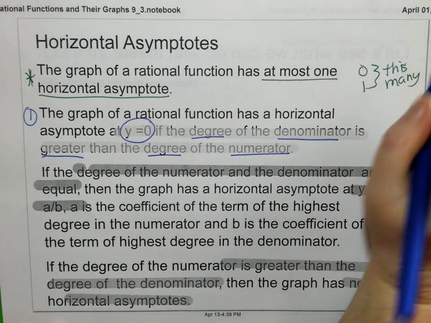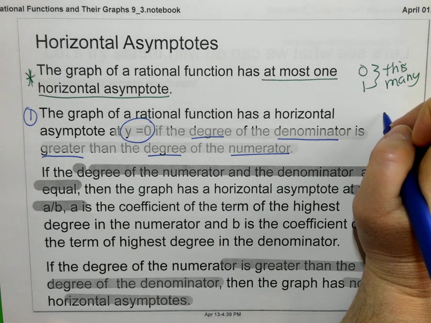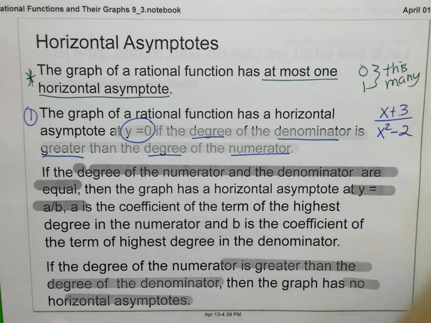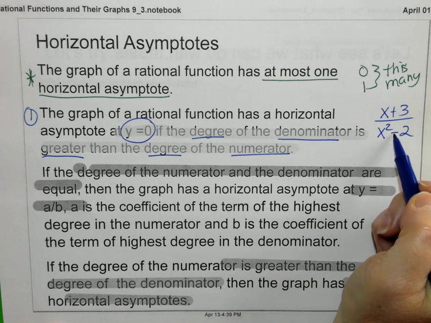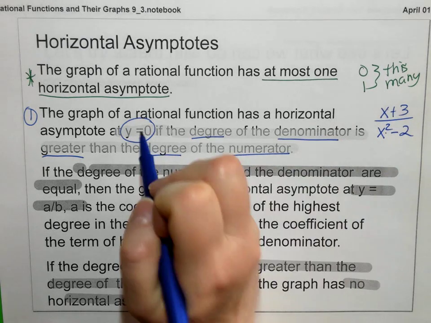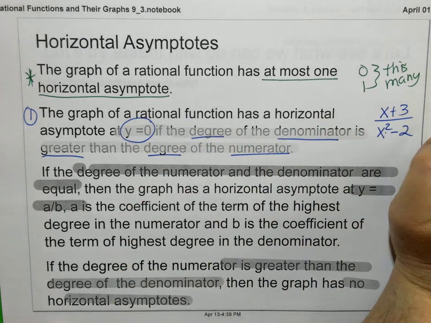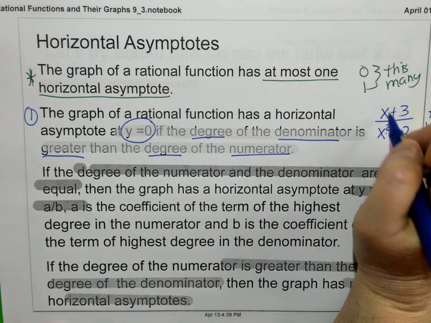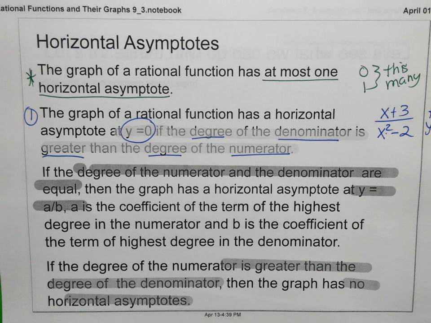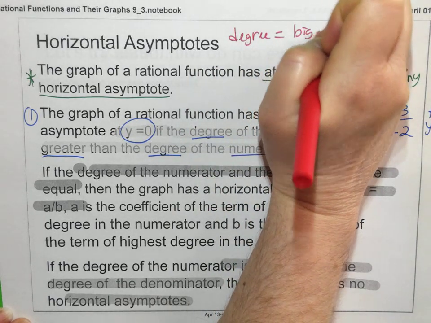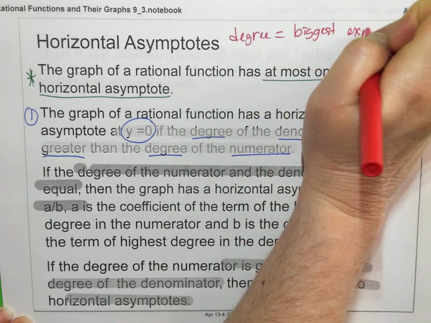So, an example of that, if I have x plus 3 over x squared minus 2, this has a degree of 2, this has a degree of 1, this is bigger than that, so the answer is there's a horizontal asymptote at y equals 0. The degree, remember, is the biggest exponent. Degree equals biggest exponent.